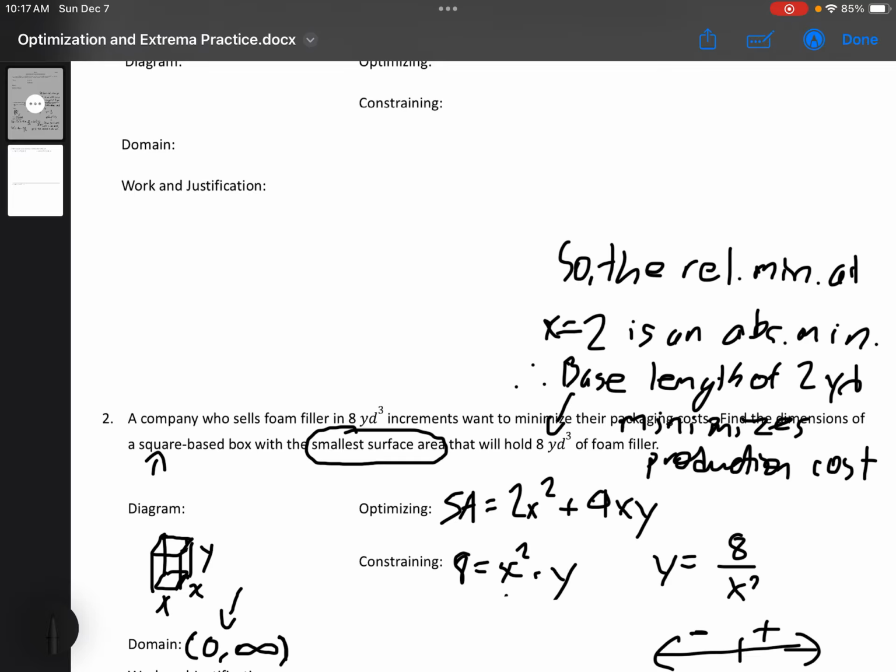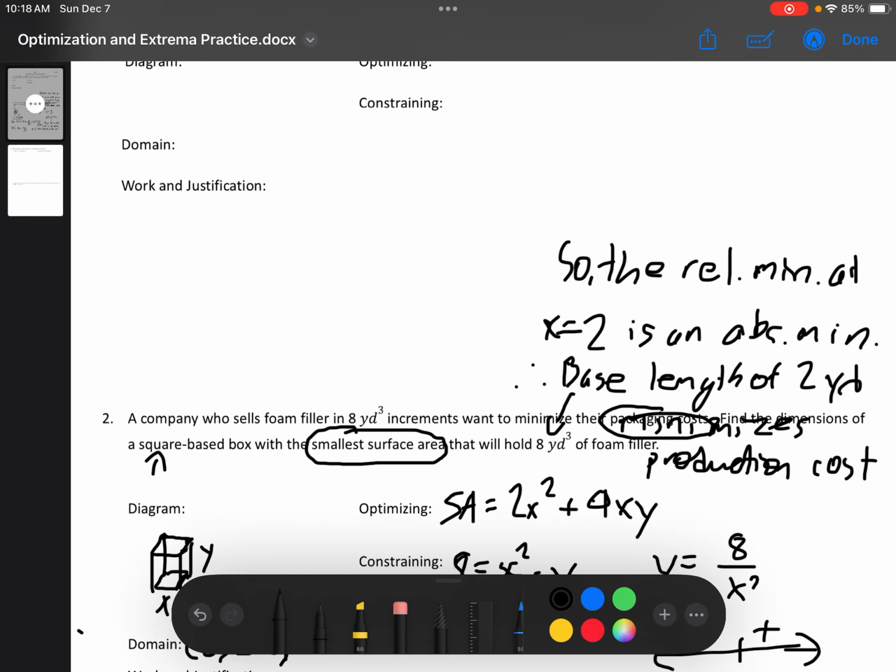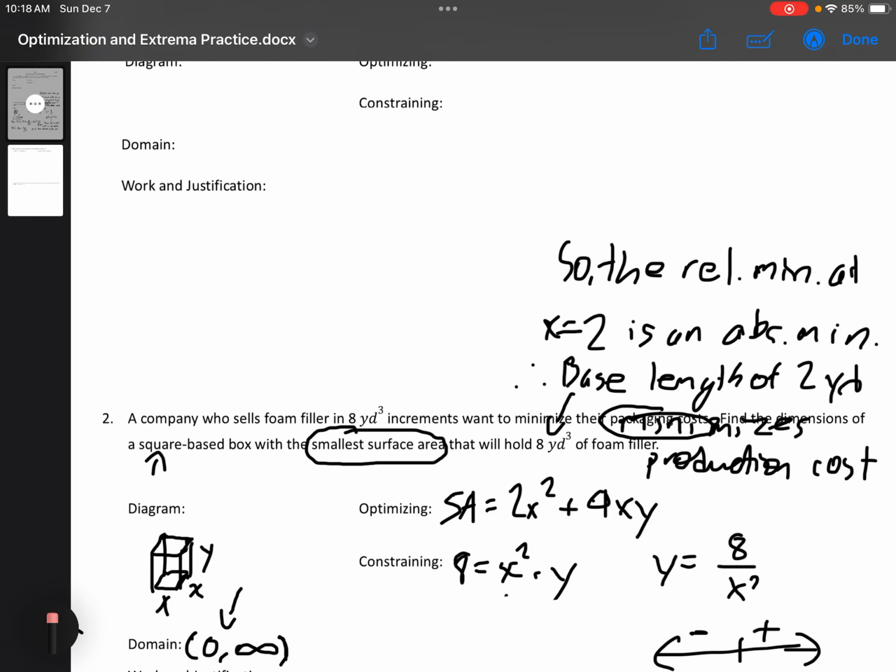You won't say it minimizes surface area because that's not in the actual context of the problem. The context of the problem is the packaging cost. So you want to say that the base length of 2 yards minimizes the packaging or production cost for the company, because that's the actual context of the situation.